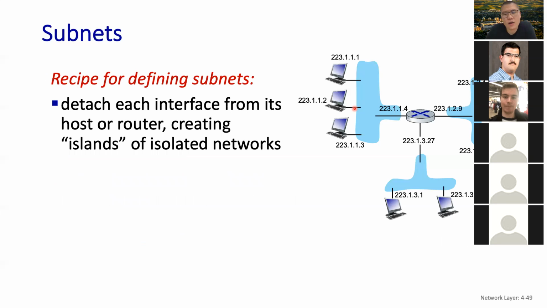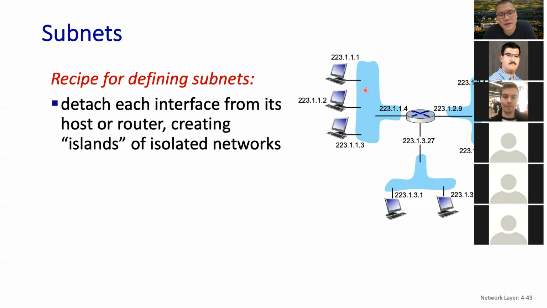Why do we need a subnetwork? As we mentioned, we can detach the interface from its host or router, creating islands or isolated networks, so you don't need to talk to the router interface. You have the isolated local network here. In this figure, we have three different subnets.